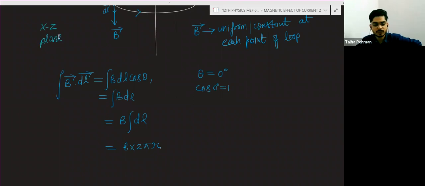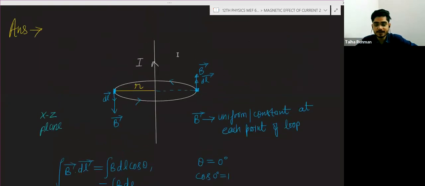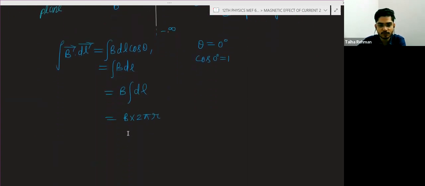And one thing more. As this is the long wire I have supposed, if nothing is mentioned, you will suppose the wire is long. Long wire means infinitely long wire. So what will be the magnetic field at a distance r due to the long wire? The value of this B.